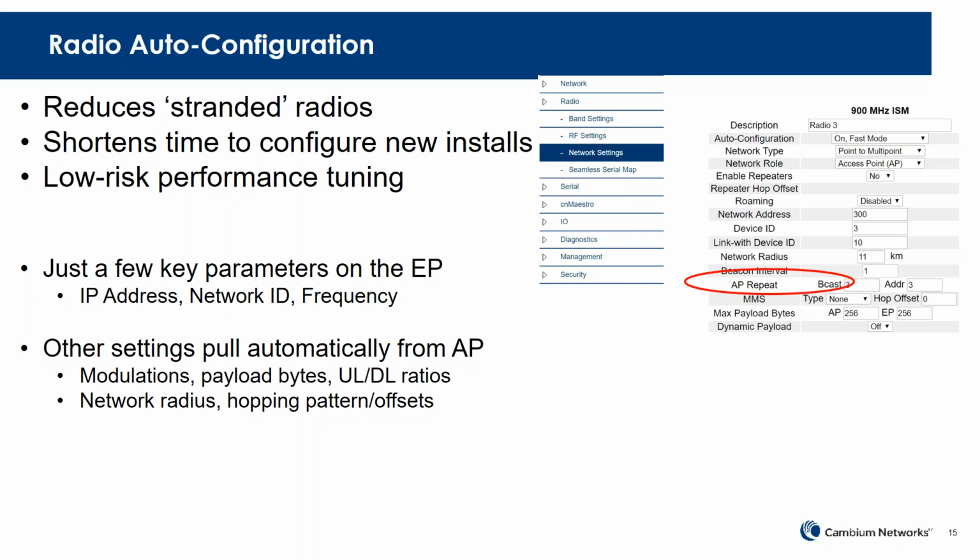So the real benefit here is, let's say I have configured the network for a couple of the higher modulations like 16 QAM and QPSK. Now I want to go out and deploy a radio that is farther out, and I want to put that radio in a lower modulation.